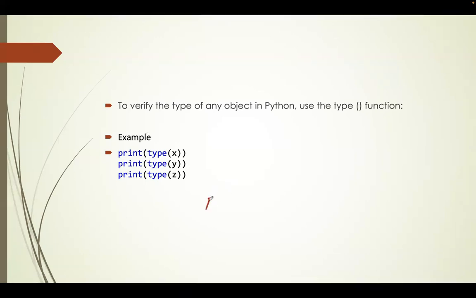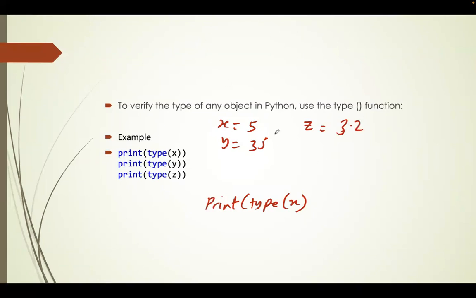So it's pretty easy, just say print, then open a parenthesis, type, open another one, X. So let's say for example X is 5, Y is 3, Y is 3J, and Z is 3.2.